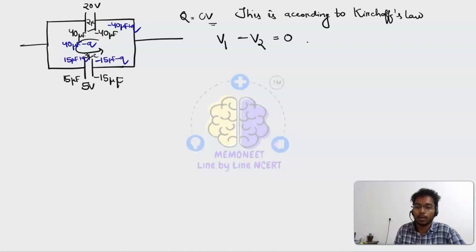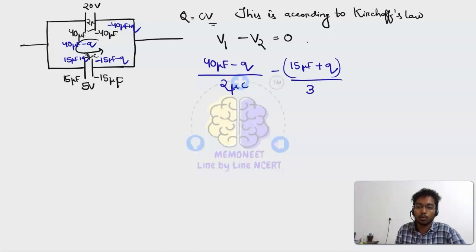So V1 will be 40 microfarad. We will take only the positive plate, we will not take the negative plate. So for minus 40 microfarad minus Q upon C, what is the capacitance? 2, minus, for the next capacitor, that is V2, 15 microfarad plus Q upon 3.